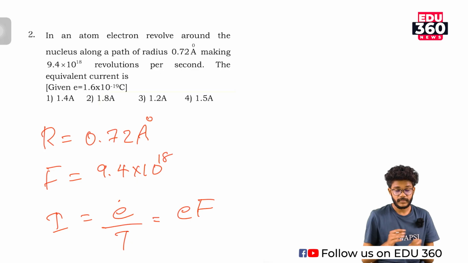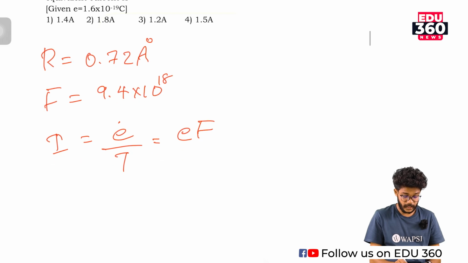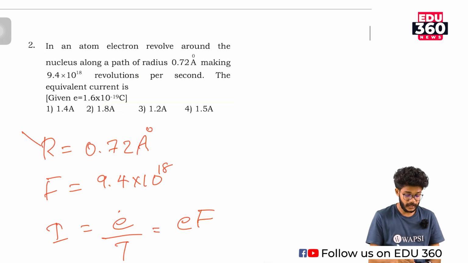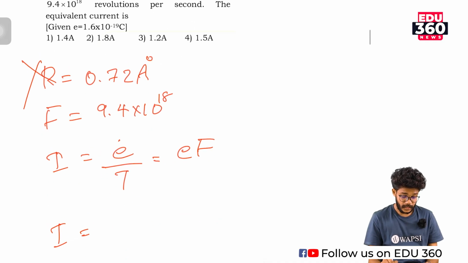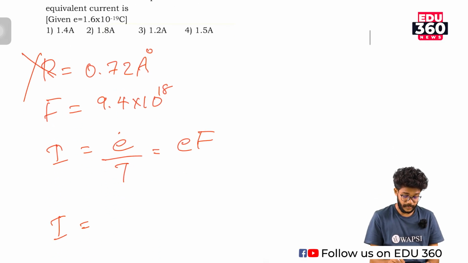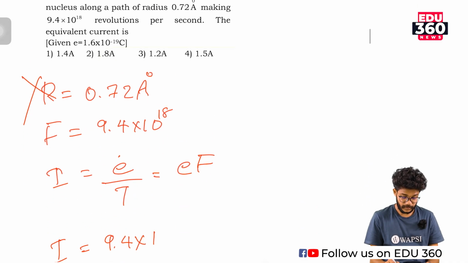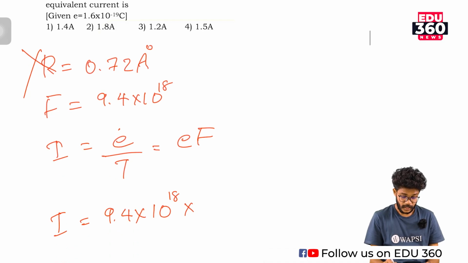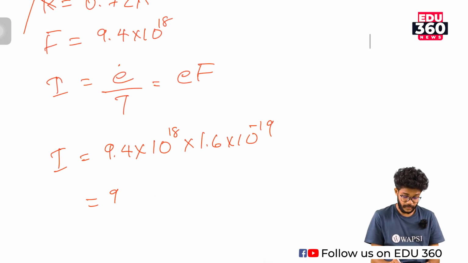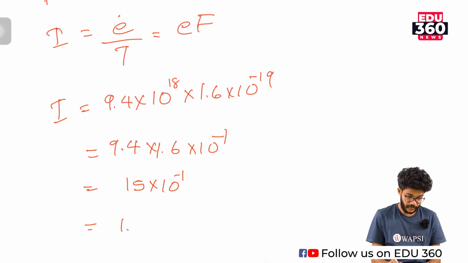So which is equal to charge into frequency. See, both are given. The frequency is given and the charge is given. Just multiply. Current is equal to charge times frequency, and we don't want the radius. Okay, and the current is equal to 9.4 into 10 raised to 18, which is the frequency, and the charge is 1.6 into 10 raised to minus 19, which is equal to 9.4 multiplied by 1.6 multiplied by 10 raised to minus 1, which is 15 into 10 raised to minus 1, which is equal to 1.5.